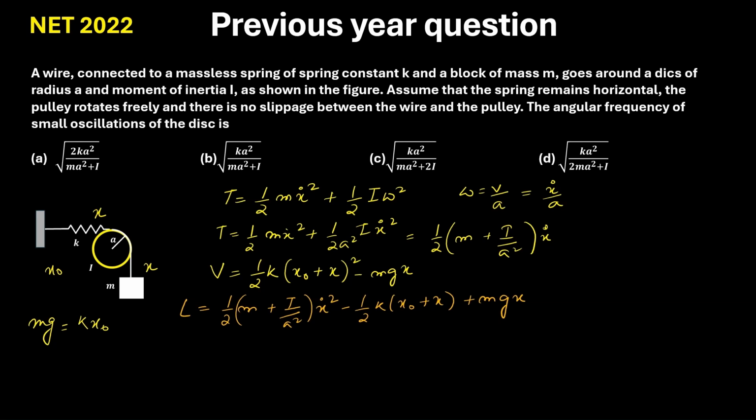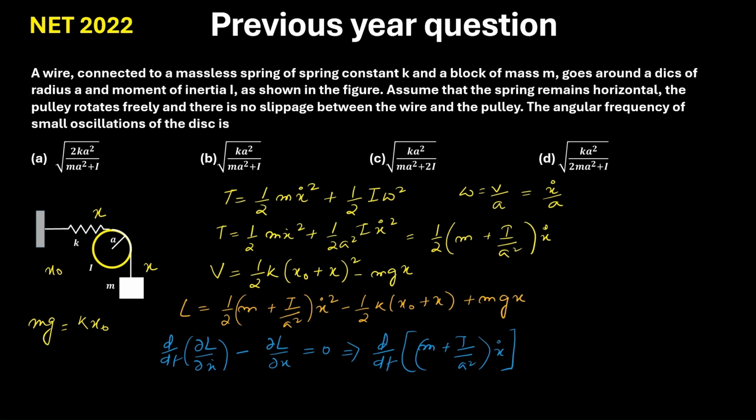Okay, now we can write the equation of motion. The equation of motion is given by d by dt of del L by del x dot minus del L by del x, which is equal to 0. Now if I differentiate the Lagrangian with respect to x dot, I will get m plus I by a square into x dot.